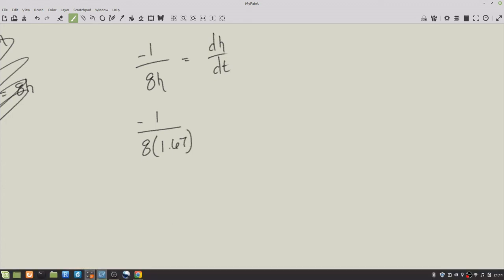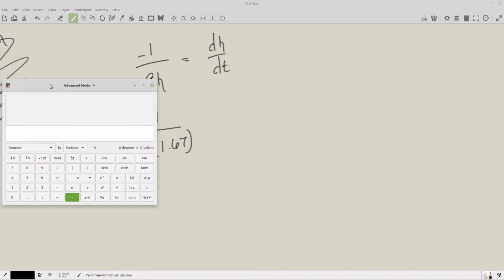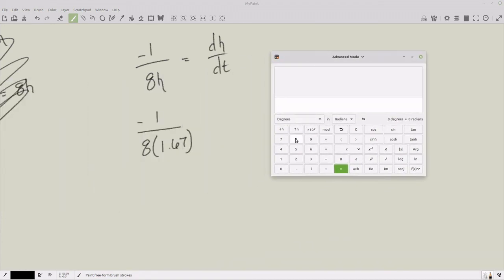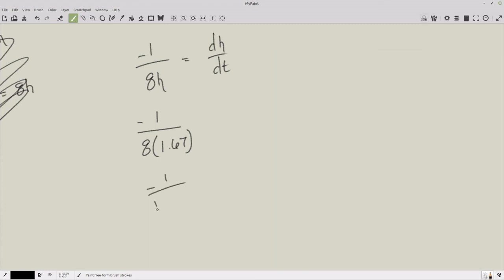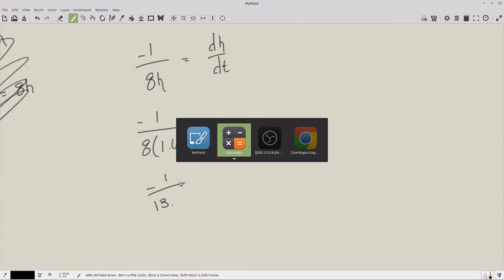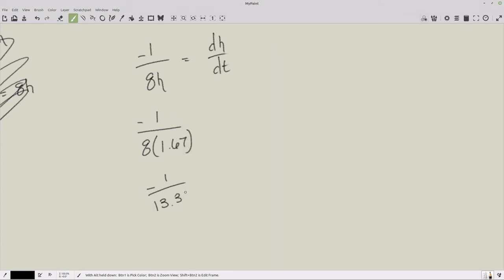If I pull up my calculator real quick and multiply that out, 8 times 1.67, we get our answer: negative 1 over 13.36 is the change in height per given time at 1.67 feet height.